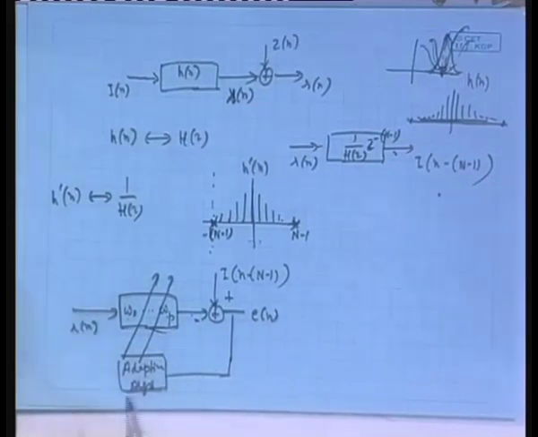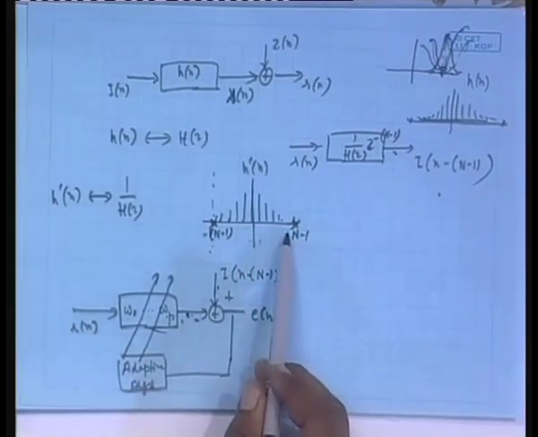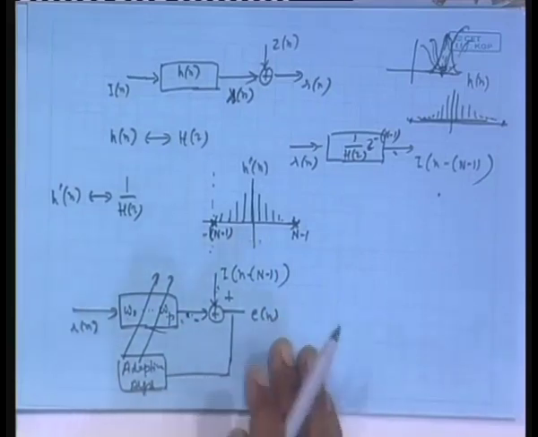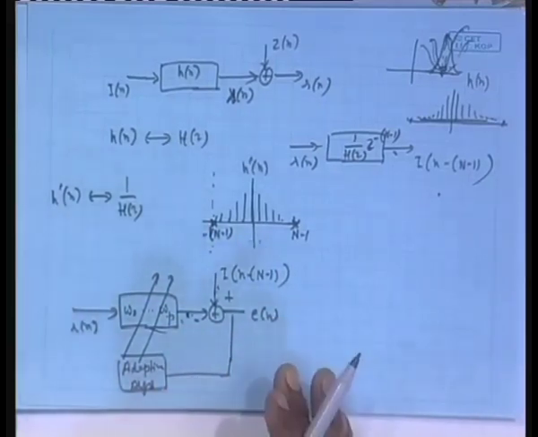There is a weight updation or weight adjustment, hopefully a better choice of filter weights. And then again you filter, again measure the error, and again feed it back to this adaptive algorithm, which adjusts it further. The purpose is to bring this one as close as possible to this, because I want this filter to be this filter only, isn't it?